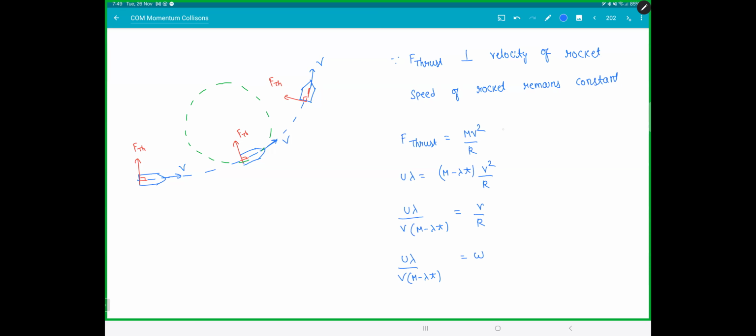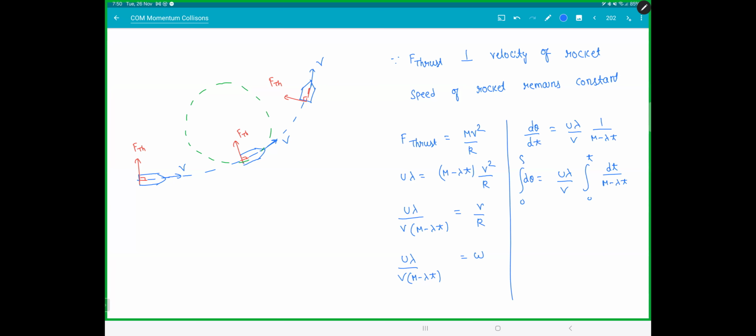Why do I need omega? Because you're asking for angle. Omega is d theta by dt. Think about it. The only thing which gives you angle is your angular velocity, which is u lambda by v into 1 by m minus lambda t. So d theta will be u lambda by v integral dt by m minus lambda t, 0 to t.